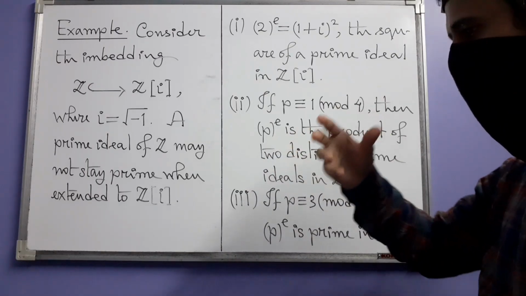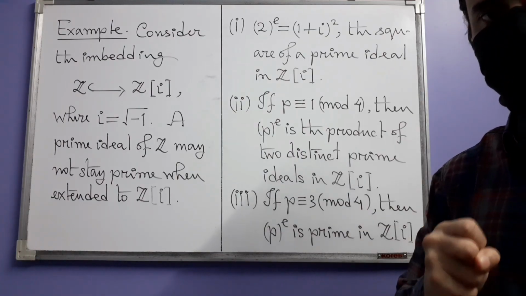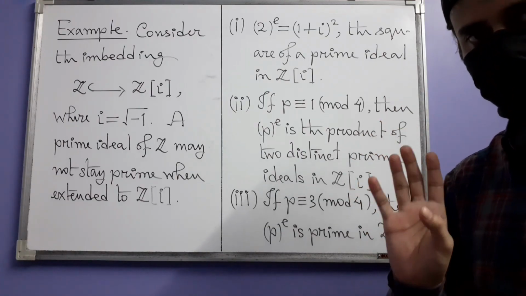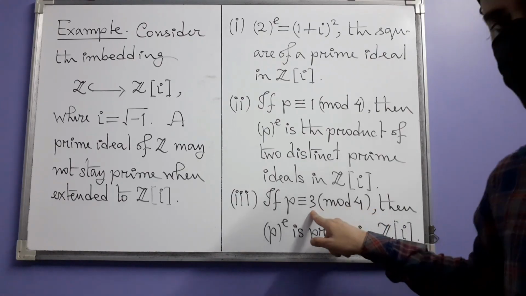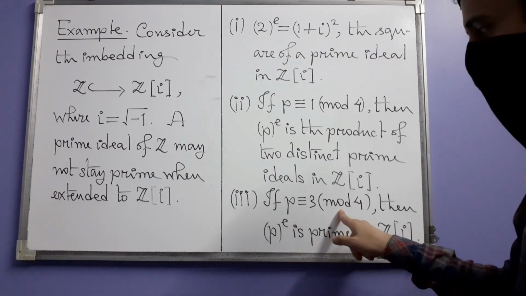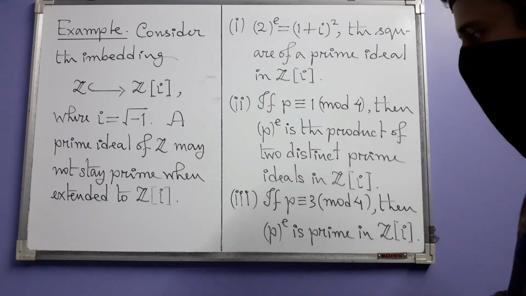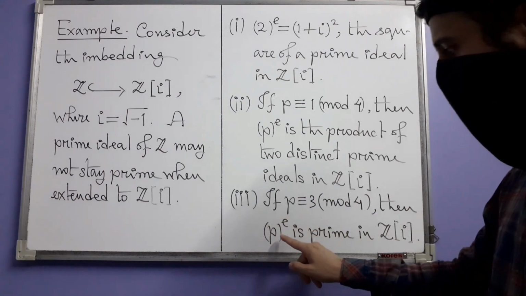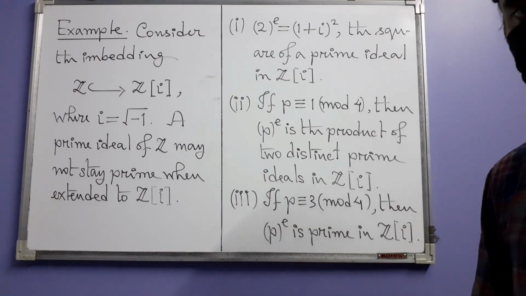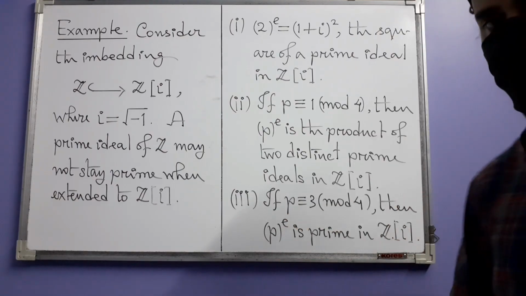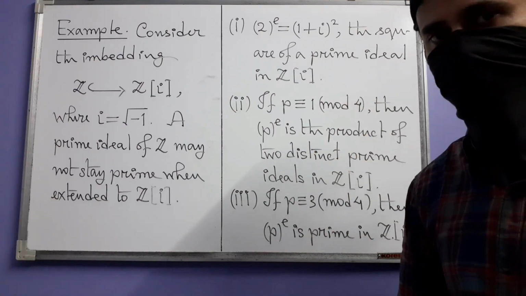Here it is the product of two such distinct prime ideals in Z[i], both of which are prime. And for primes which leave remainder 3 when divided by 4, this is the most favorable case that we like, because in this case the extension of this prime ideal is itself prime in Z[i] as well. Now let us next see how these statements are true.